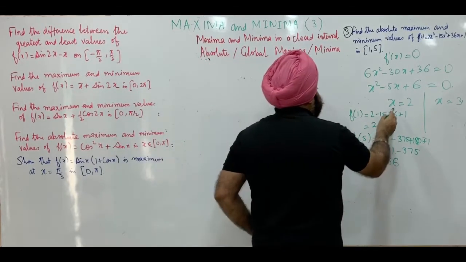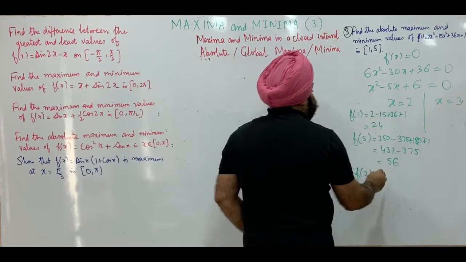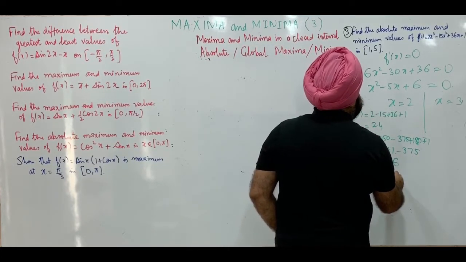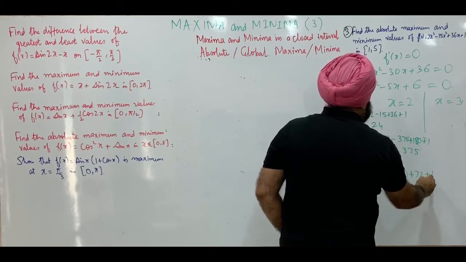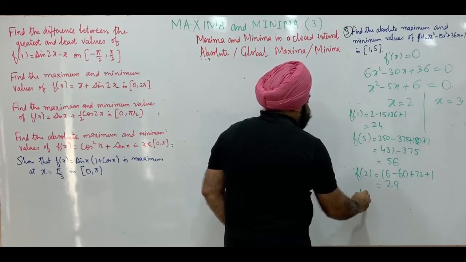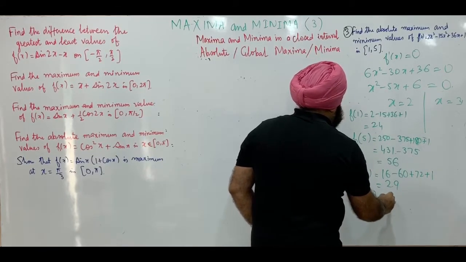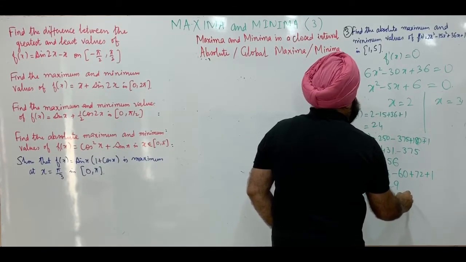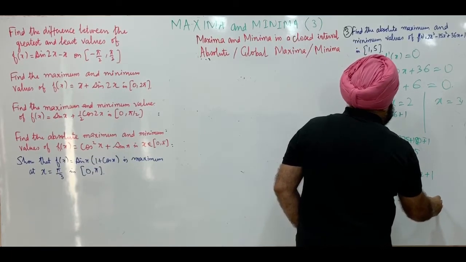Now we find out the value of the function at the first critical point, that is at x is equal to 2. This will be 16 minus 60 plus 72 plus 1. This will be 29. And then the value of the function at the second critical point, that is 3. This will be 54 minus 135 plus 108 and plus 1.